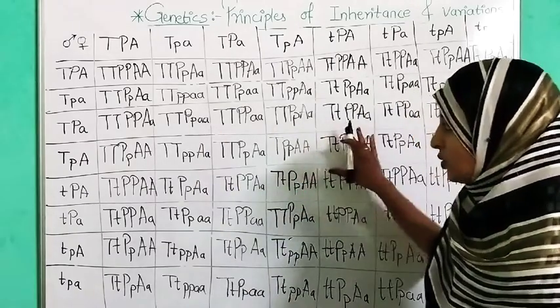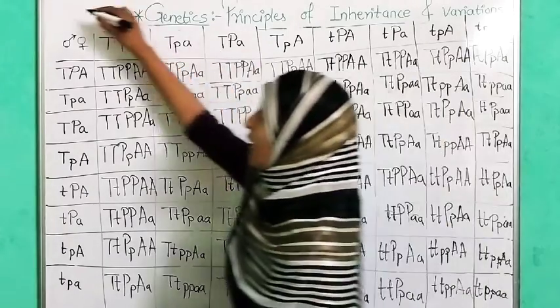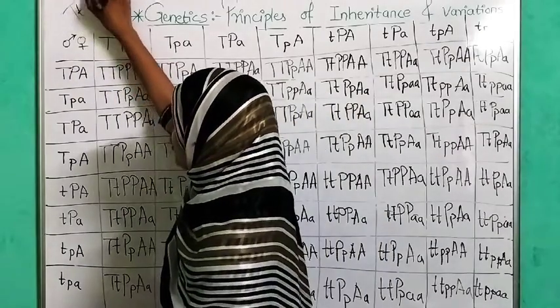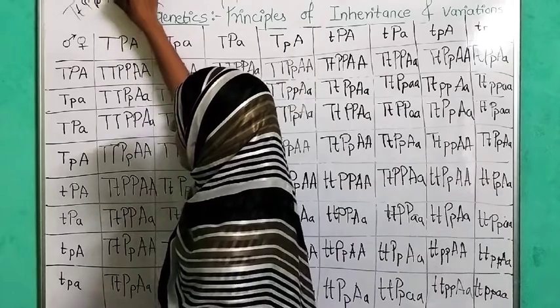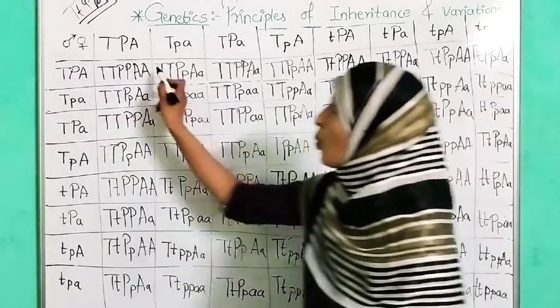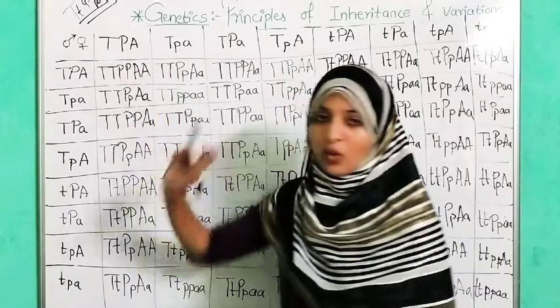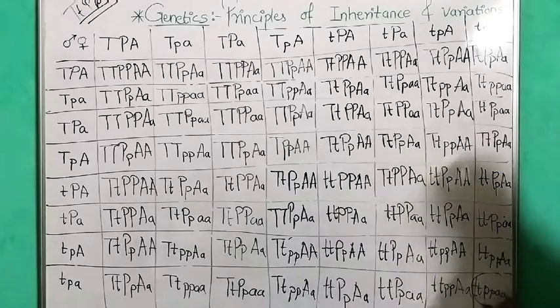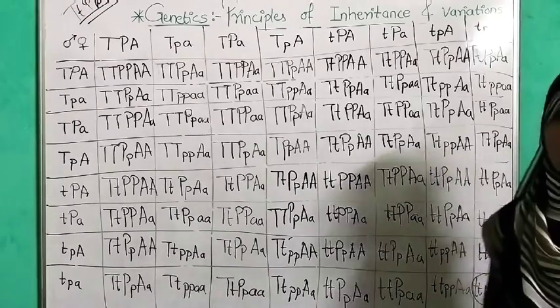So this was about the cross between heterozygous parents, meaning tall plant with purple flower and axial position. This is a heterozygous condition and we get one pure parent, a homozygous dominant parent, and one pure parent, a homozygous recessive parent.